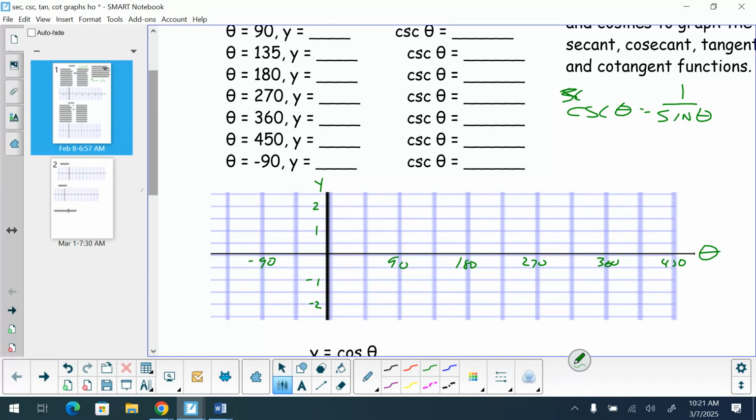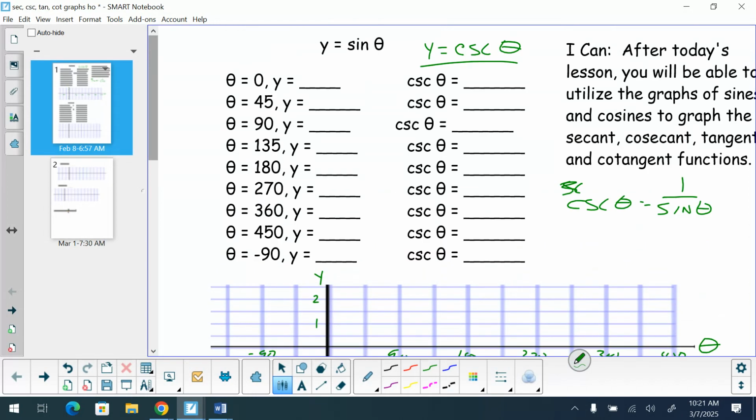So to find the cosecant of theta, we just take the reciprocal, or we just reciprocate the sine of a value. So if we take a look at a value here for 45 degrees.